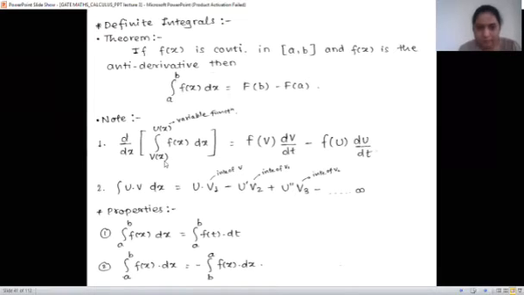What was that topic? Derivative. I'll tell you. Then, if such a thing is there, it is f of v dv by dt minus f of u du by dt. And this is the formula, Leibniz theorem of integration.